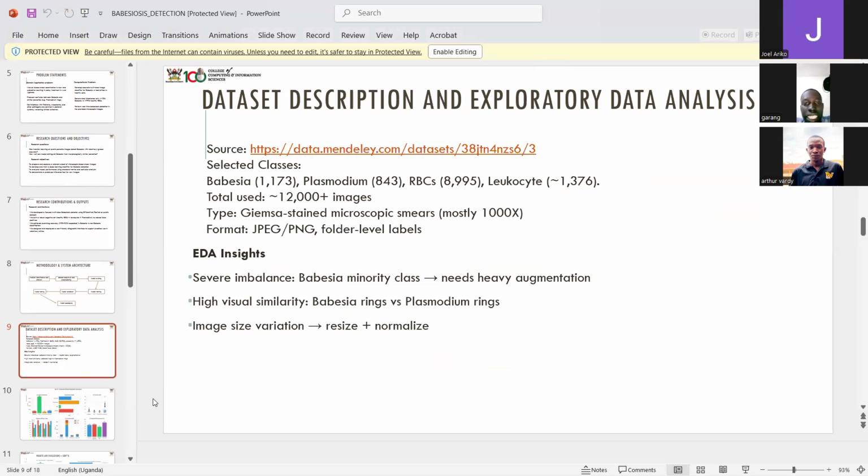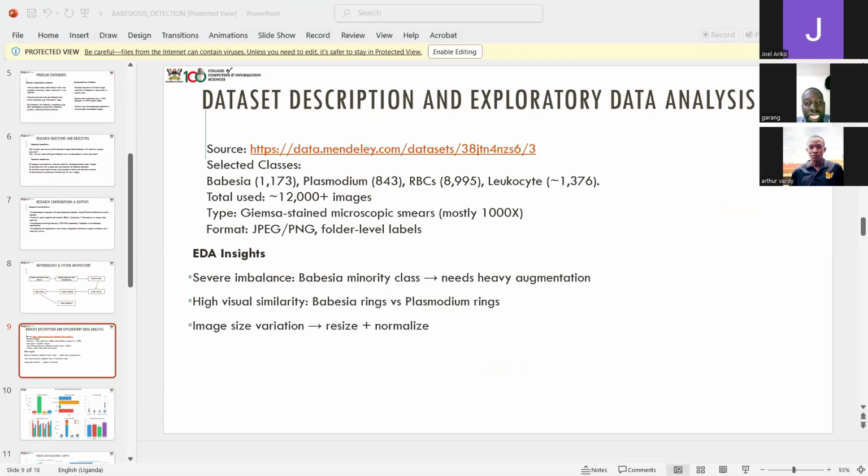On this slide, we were doing the data set description and exploratory data analysis. The data set we got from the website named in the sources there.